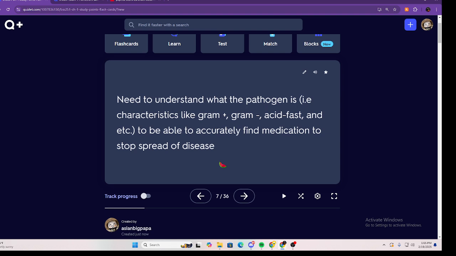We need an antibiotic that is good against gram-positive bacteria that can also fight against acid-fast bacteria. So knowing the characteristics of a pathogen allows us to accurately find medication to stop the spread of that disease.